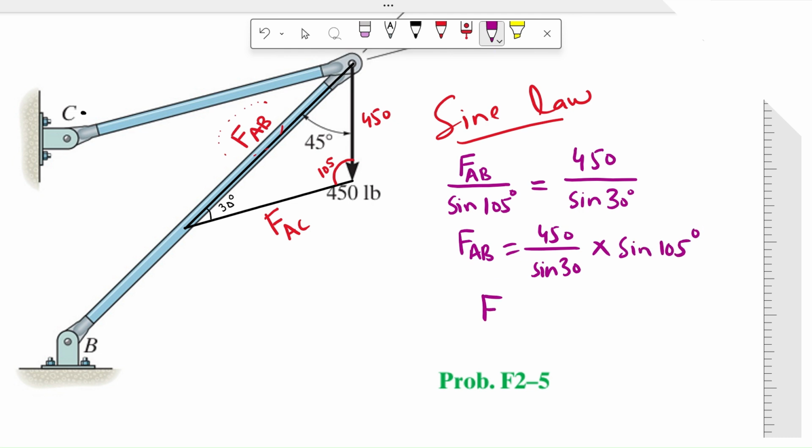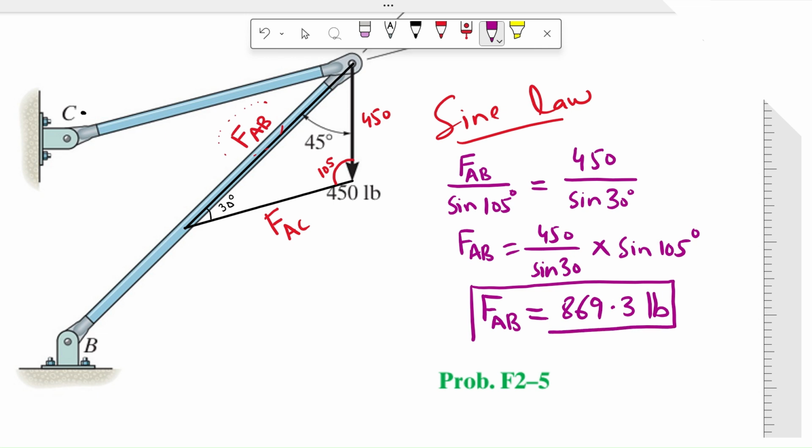Putting all the values in the calculator, the value of FAB force will be 869.3 pound. This is the induced force in member AB of this frame.